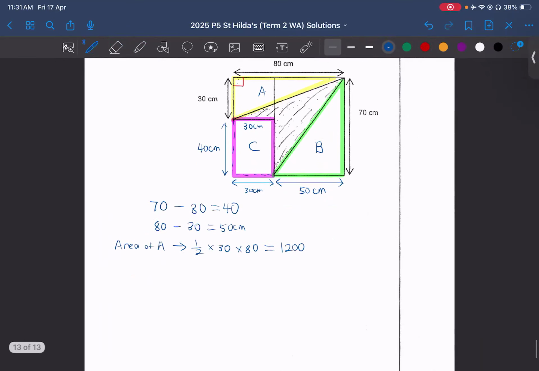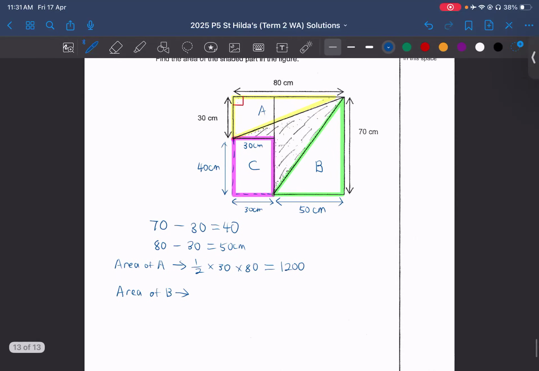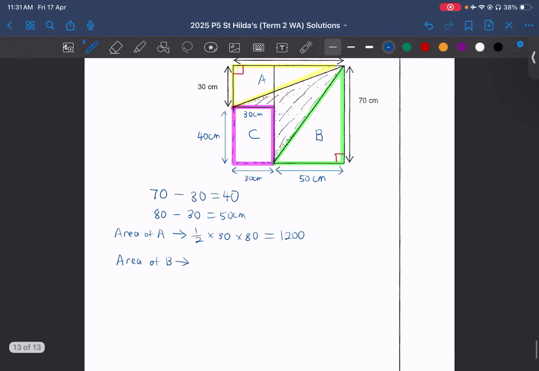And then next, we find the area of B. In this case, this is the corner of the rectangle, so this is the right angle. To find the area of the triangle, it's half times my base, which is 50, times my height, which is 70.